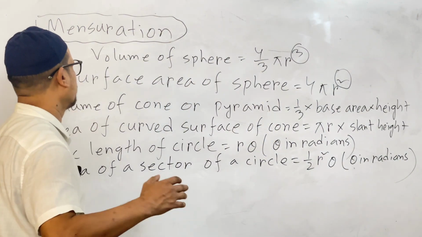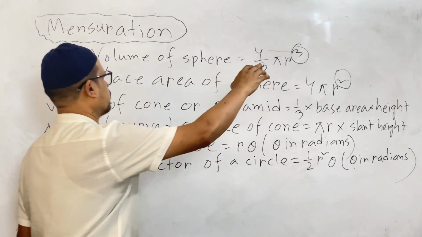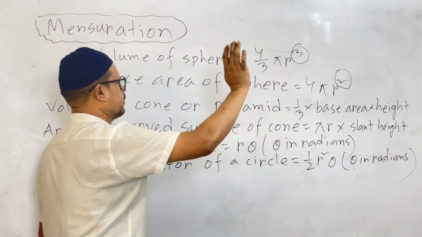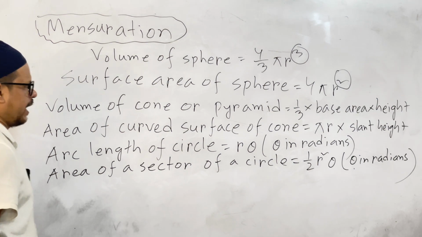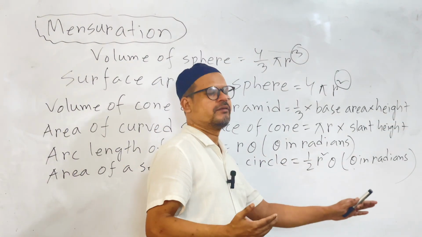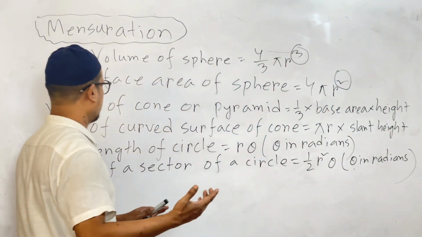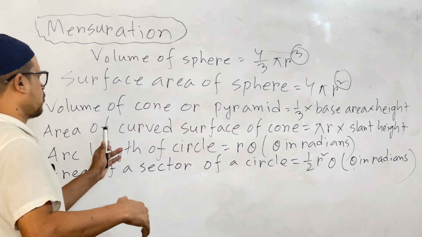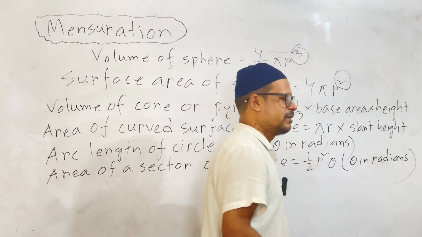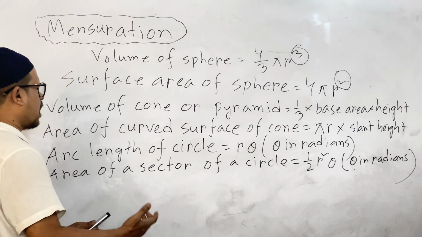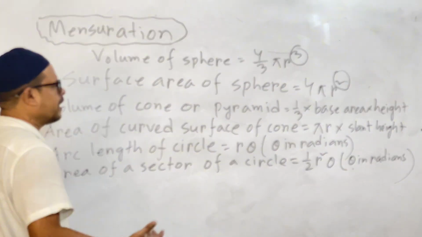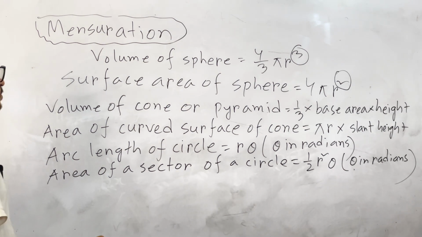That means for finding the volume of the sphere we use 4 by 3 pi r cubed, and 4 pi r squared is for the surface area of a sphere. The 1 by 3 base area height formula is used for finding the volume of a cone and pyramid. Pi r slant height is needed to find the curved surface area of a cone.